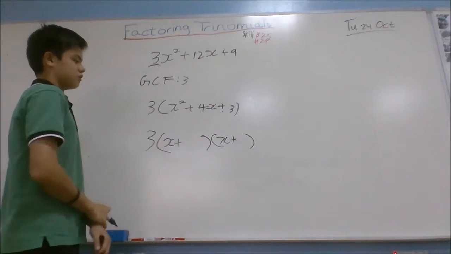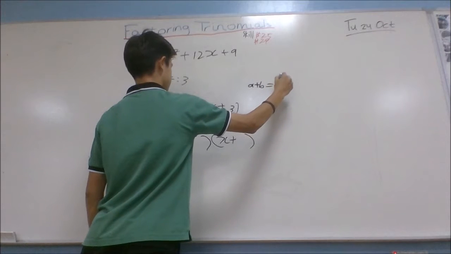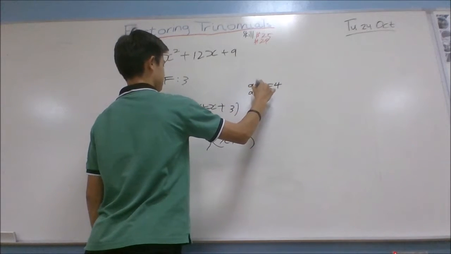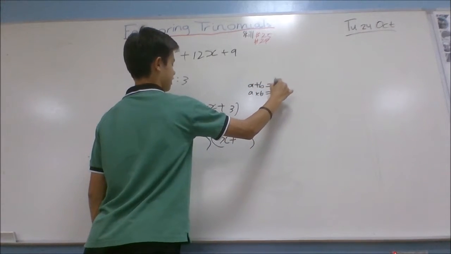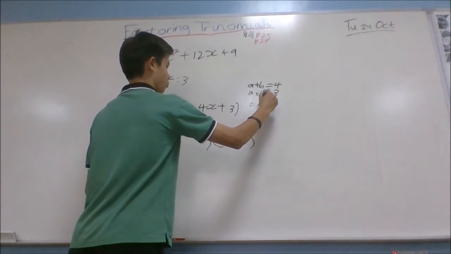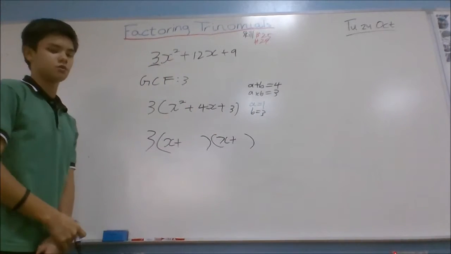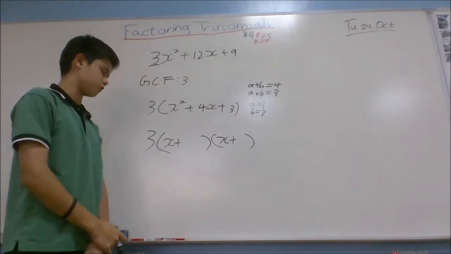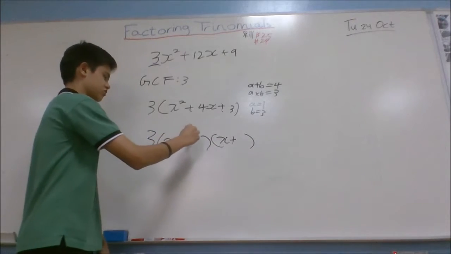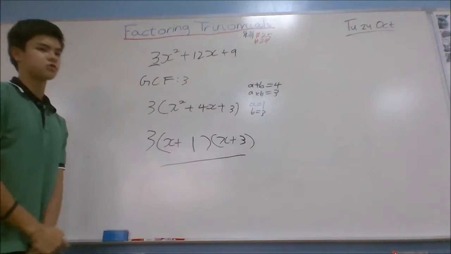Now we have to find 2 numbers that add up to 4, and the same 2 numbers have to multiply to 3. These 2 numbers will be 1 and 3, since 1 times 3 is 3 and 1 plus 3 is 4. Now we can just put those numbers into brackets, and voila, there's your final answer.